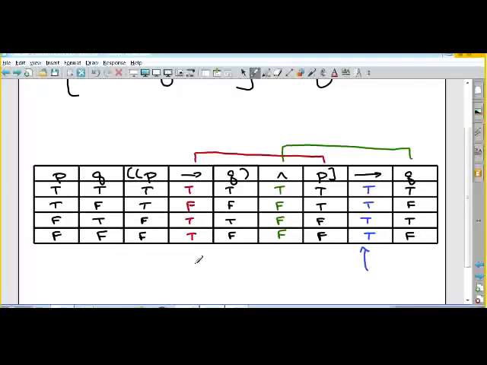Well, it turns out that using this technique, if the final column that you end up with when you do the whole truth table has all truths, as in this case, since the result has all truths, the argument is valid.